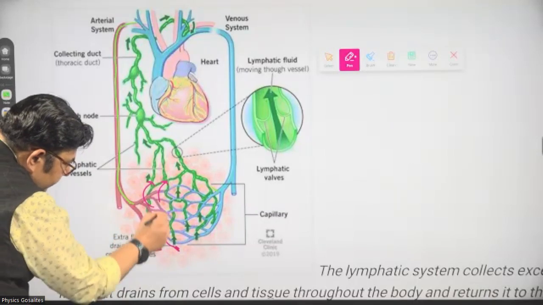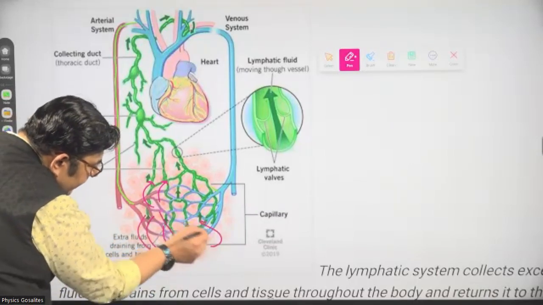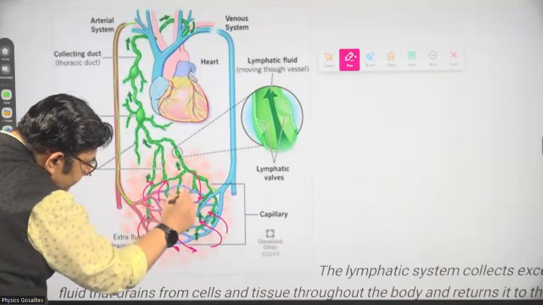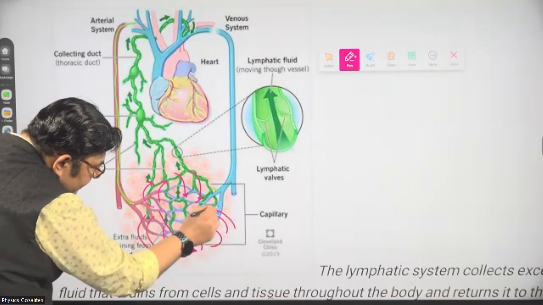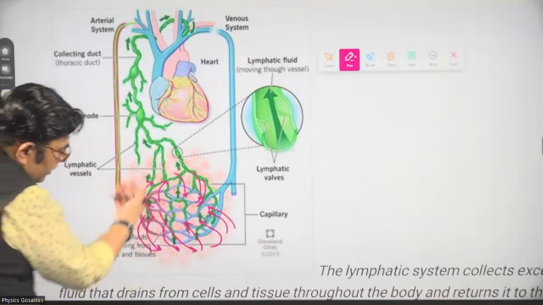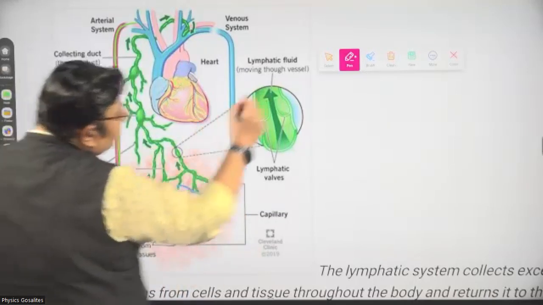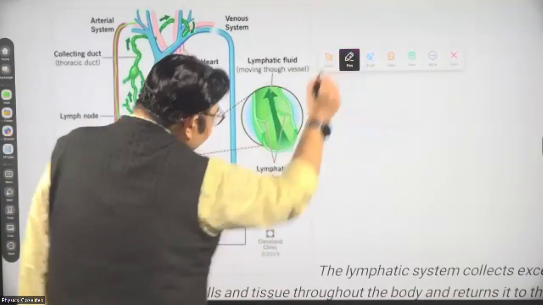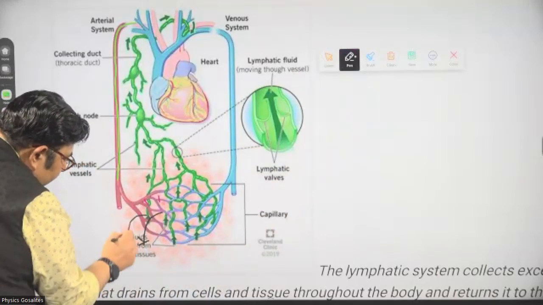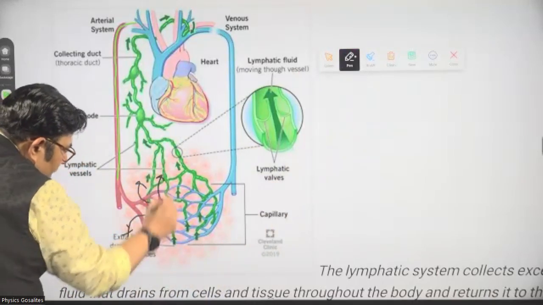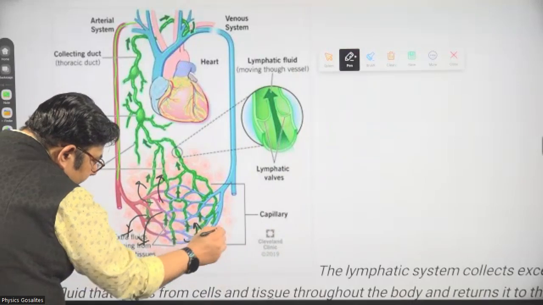It's a natural thing. And then the fluid is again entering back into the capillaries. Due to difference in the pressures, it happens. Once again, due to difference in the pressures, fluid comes out of the capillaries, and also it is returned back to the capillaries.